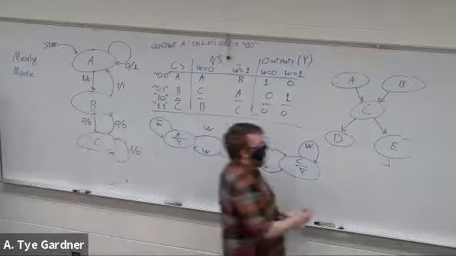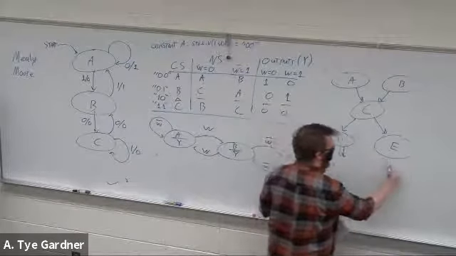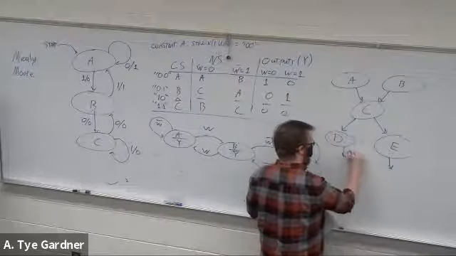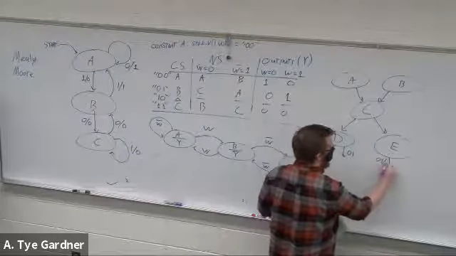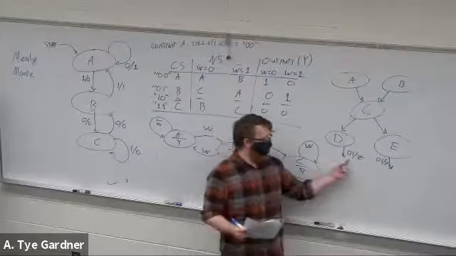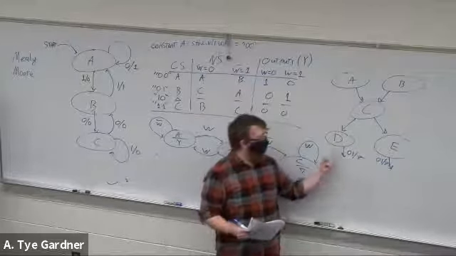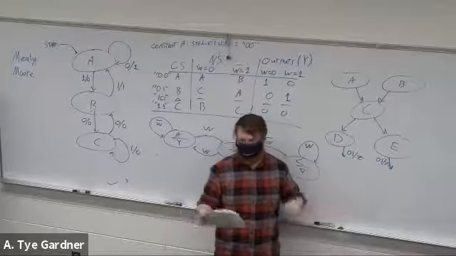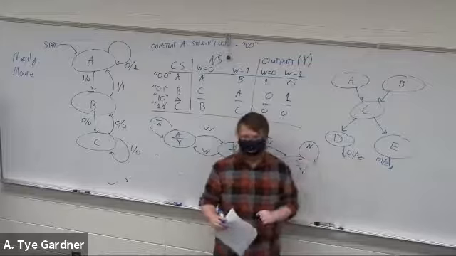So if I had two states that, given 0, 1, they output Z. Well, they have the same output with the same input. They should be adjacent. This is a lower priority situation.